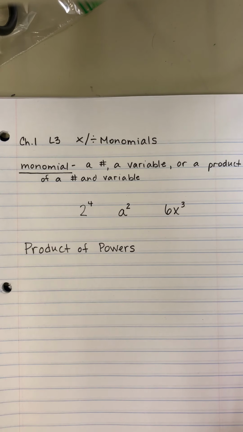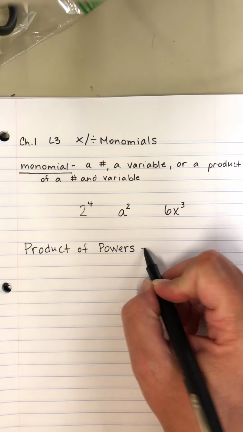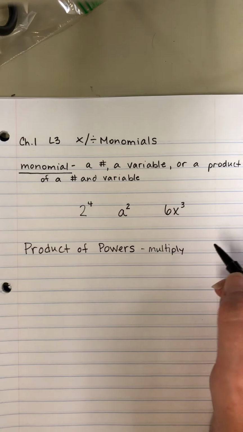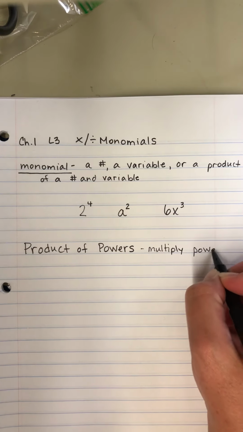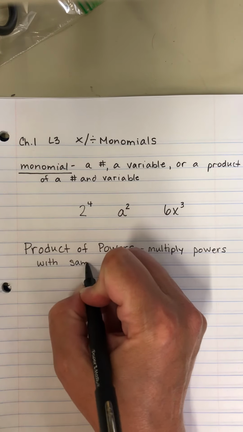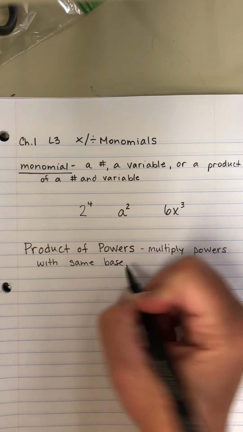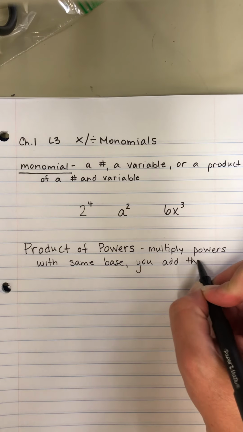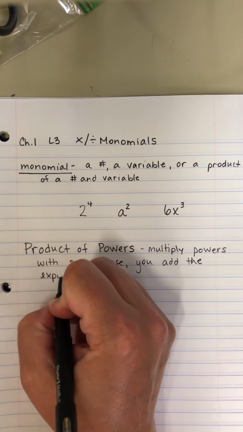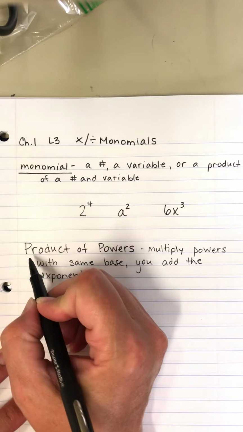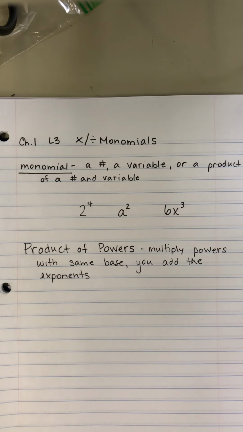And a product of powers is to multiply powers with the same bases, you add the exponents. So remember, product is a multiplication problem. So we're going to be multiplying powers.